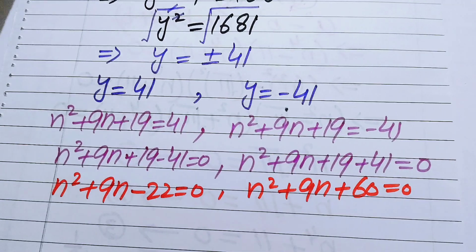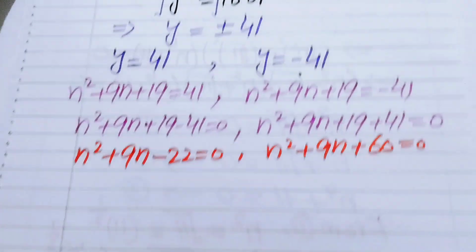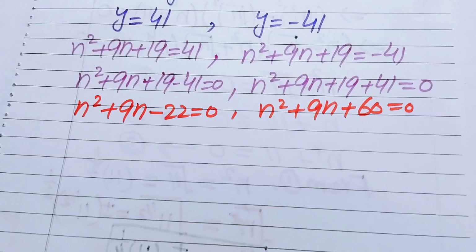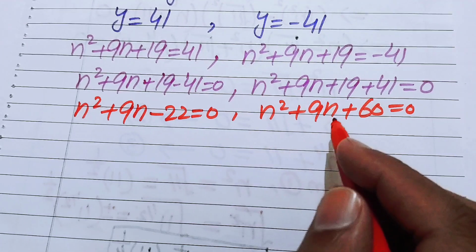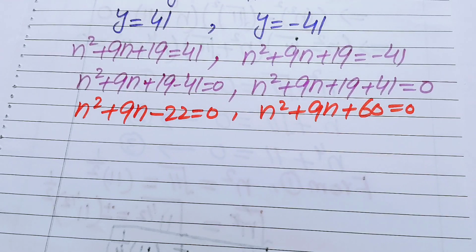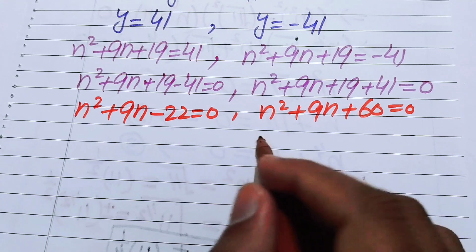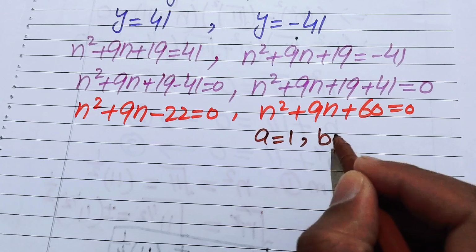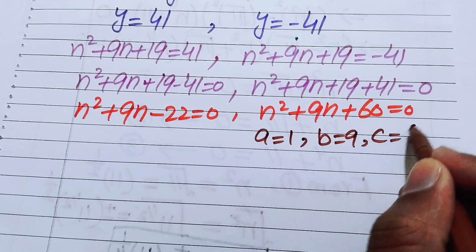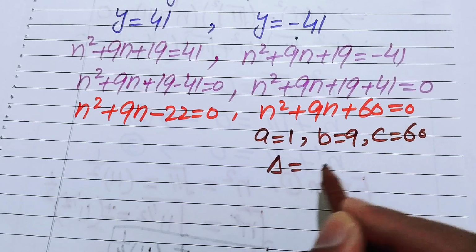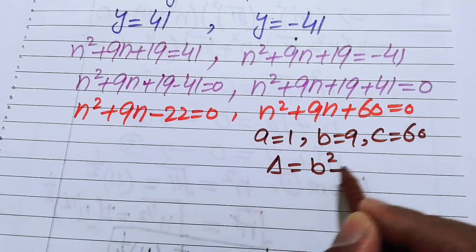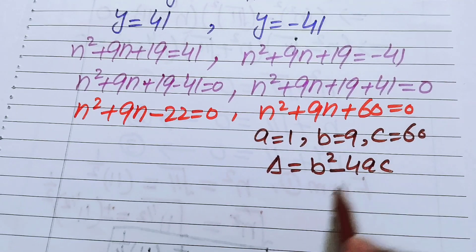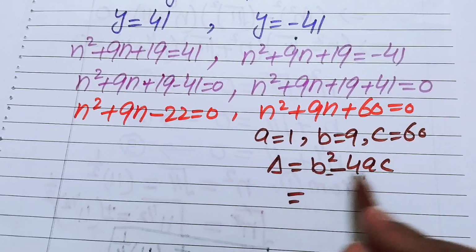Now remember that we need to solve this problem for the real roots only. So first I can check whether this equation has real roots or not by using the discriminant formula. According to the discriminant formula, first we write the coefficients: a equals 1, b equals 9, and c equals 60, and our discriminant is delta equals b squared minus 4ac. So we put the values of a, b, c here.